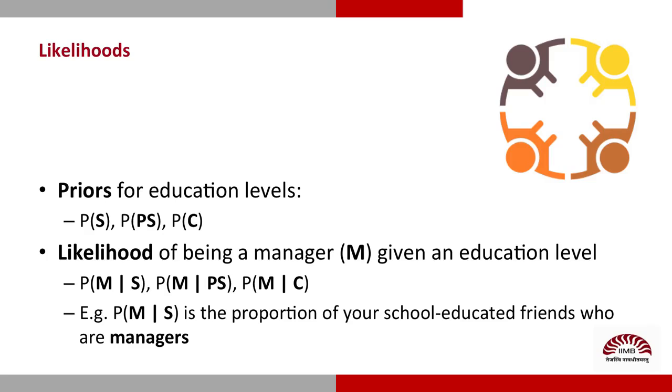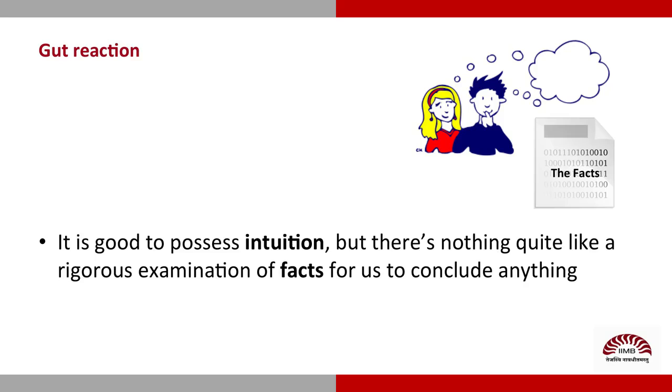So you can even calculate three proportions. They are the likelihoods P of M given S for school, P of M given PS for post school, and P of M given C for college. I'd be willing to bet the more someone's educated, the better their chance to be a manager.